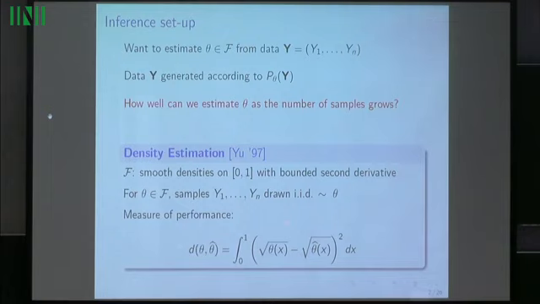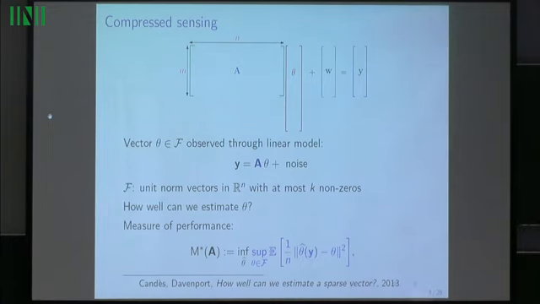Your measure of performance of your estimator theta hat, which is a density, is the squared Hellinger distance between your true density theta and your estimated density theta hat. This is a loss function that measures the error, if you like, between your estimate and your true value of theta.